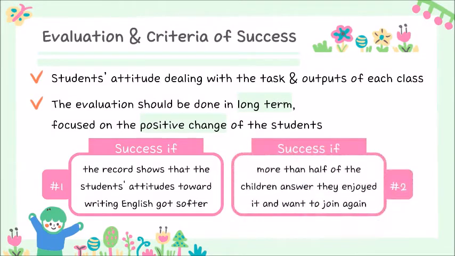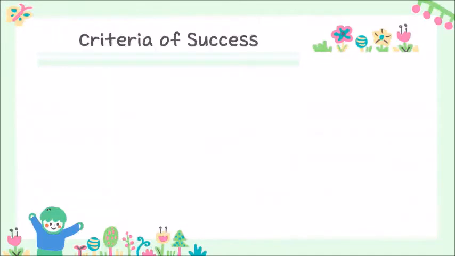First, the teachers would observe the students and record their progress and growth throughout the whole semester. If the record shows that the students' attitudes toward writing English got softer, then we can conclude the program is a success. The second way is to provide some questionnaires to the students asking how they felt about this after-school class. If more than half of the children answer that they enjoyed it and want to participate again, then we can say that the program is a success.